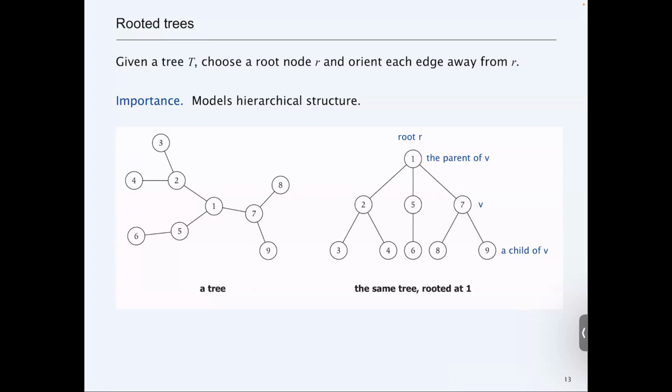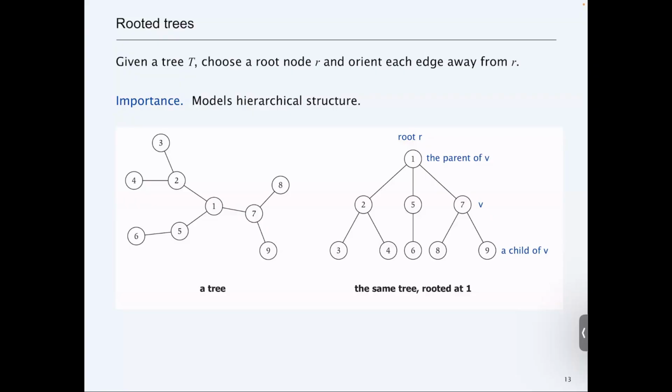Rooted trees. The last part of this section is talking about what we call a rooted tree. A rooted tree is just a tree where we designate one of the vertices to be a root. Then every edge is viewed as pointing away from that root. It's the regular parent-child relationship that you are familiar with from trees in data structures.